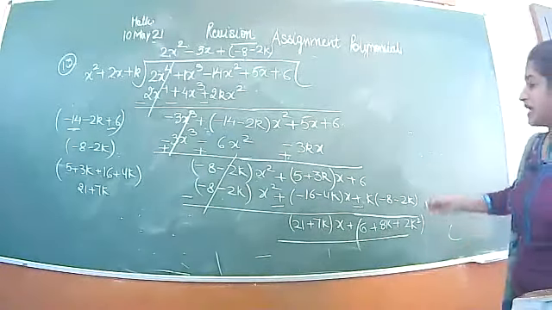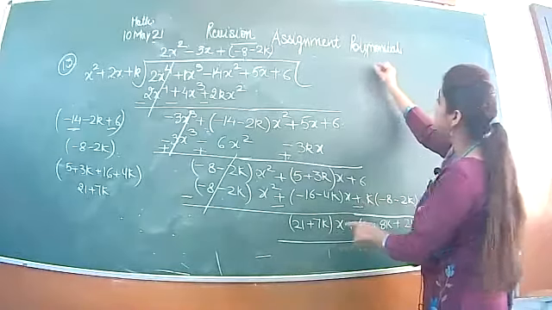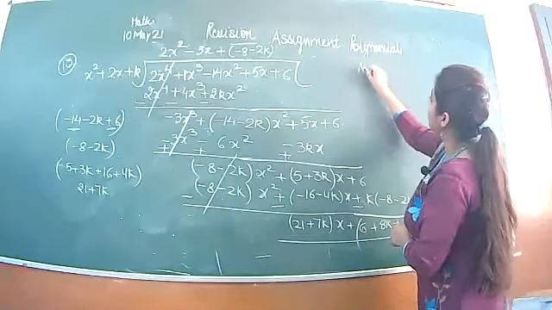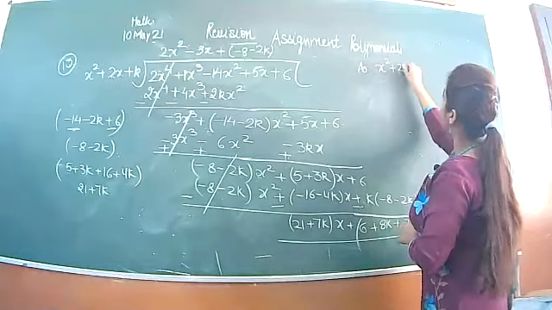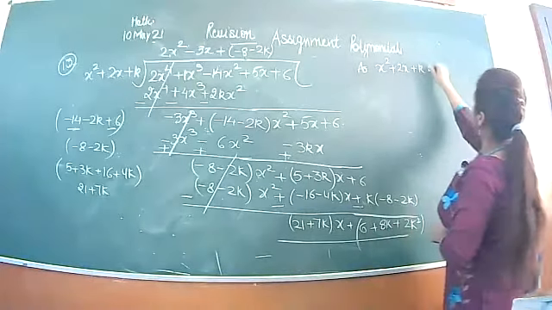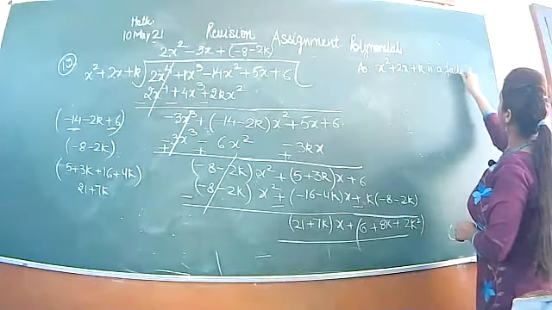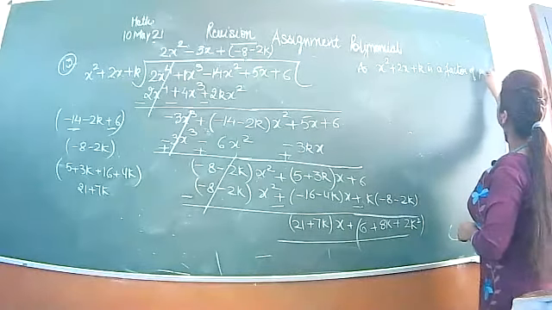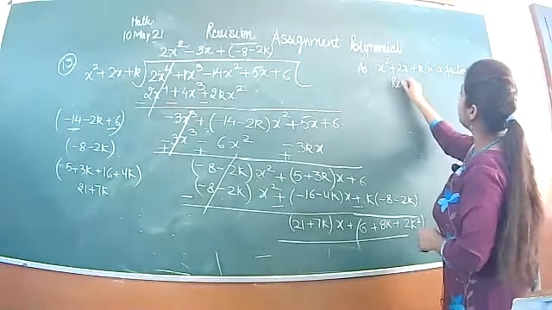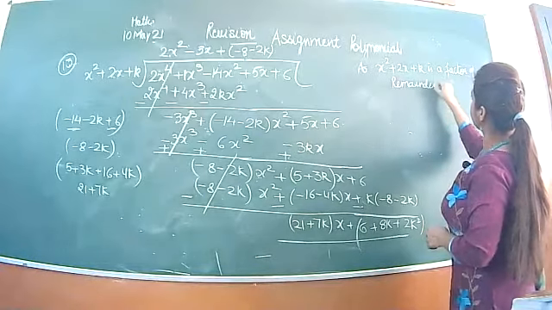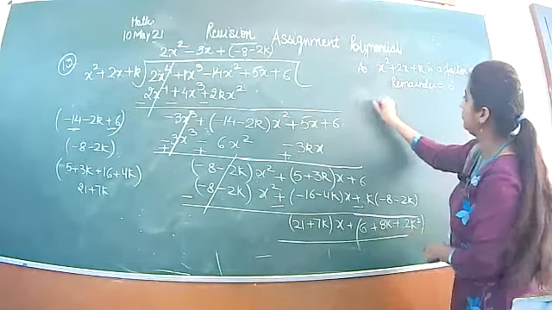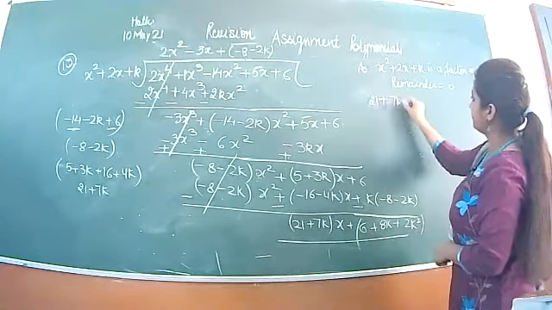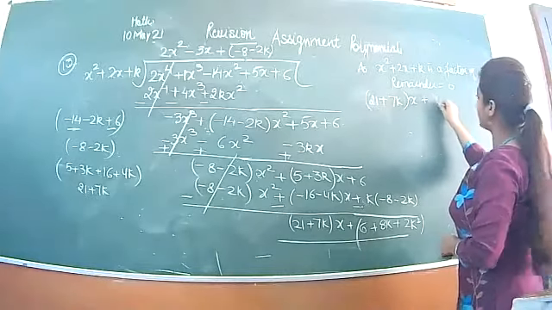Firstly you will find k. What you will do is, as x square plus 2x plus k is a factor of the polynomial, remainder must be 0. That means this term must be equal to 0.